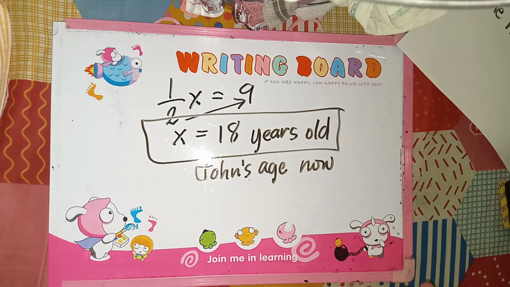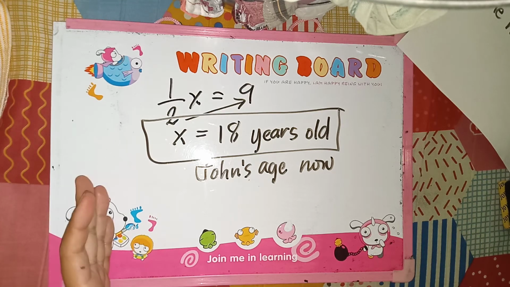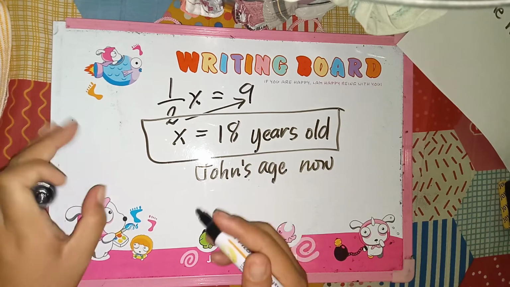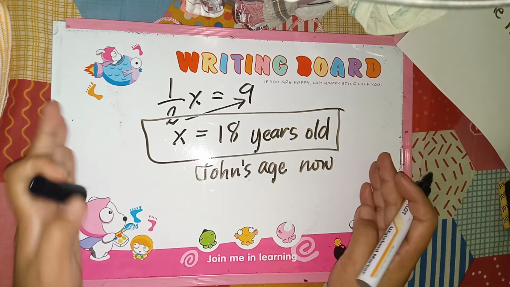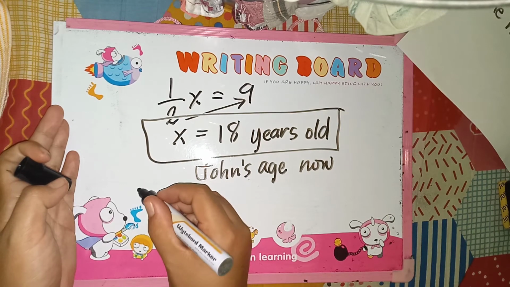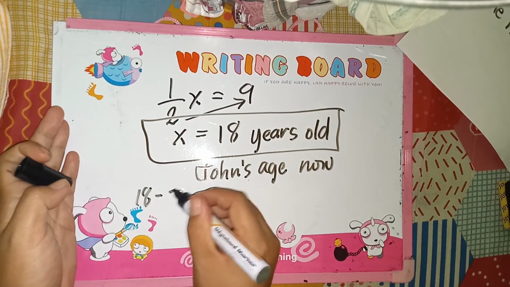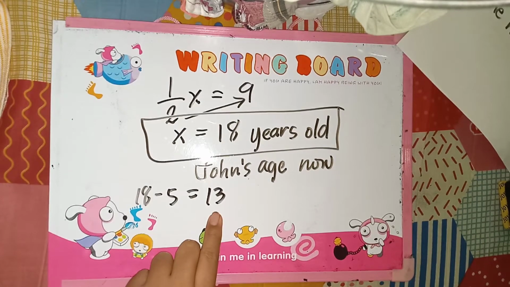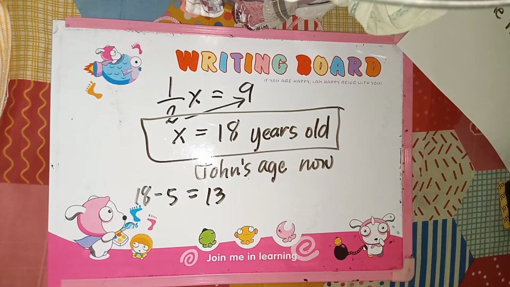So, let's check if our answer is correct. So, what is John's age 5 years ago? So, we basically 18 minus 5, so that is 13. Okay, so 13. Tapos, ano yung magiging age ni John in 8 years?